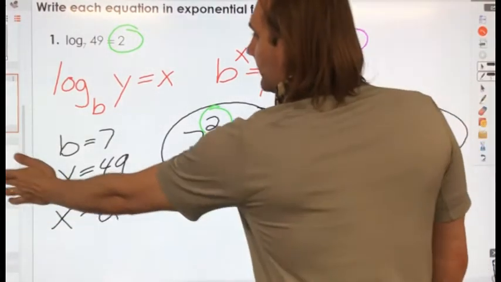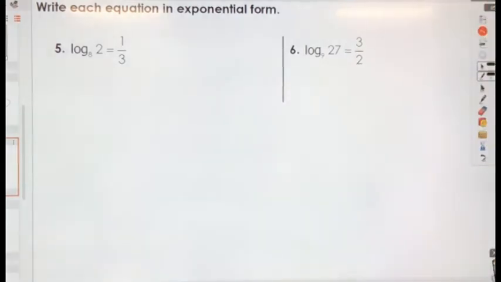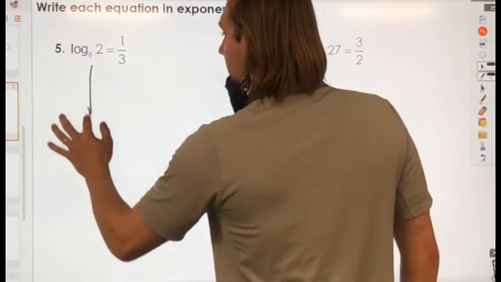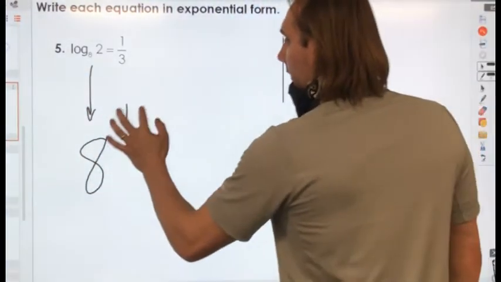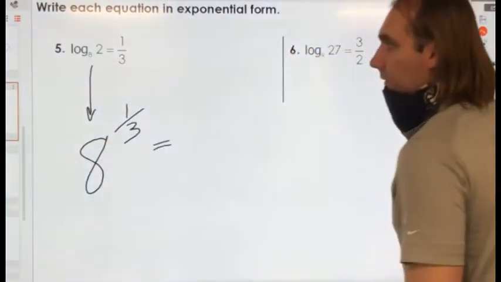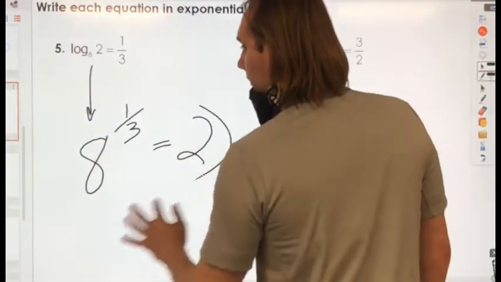So now you give it a try. Convert these into exponential forms. Log base 8 of 2 equals 1/3, and log base 9 of 27 equals 3/2. 8. Very good. That comes directly down. 8. It's being raised to what power? 1/3. And it equals 2. Haven't used 2.